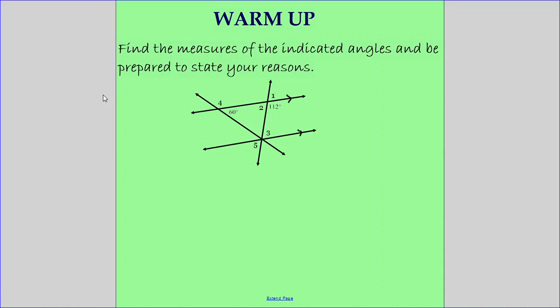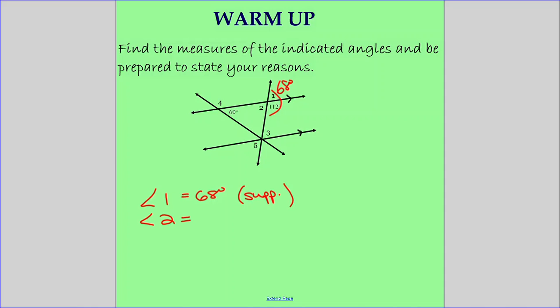Alright, so stating the angles that are here, we have angle 1. It's going to work out to be 68 degrees, and that's because we have straight lines that add up to 180, so angle 1 is 68 degrees, and the justification for that would be that they're supplementary angles.